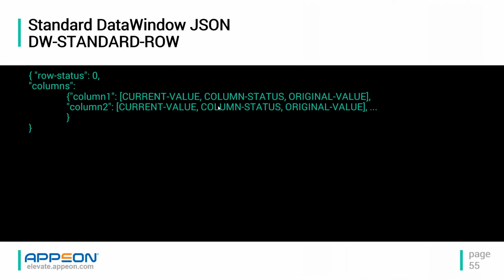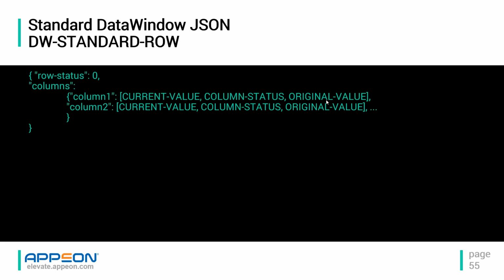Here's the data window standard row. You notice we have a row status indicator. We have the individual columns, and notice we have a current value, another item status setting, and the original value. So this is that idea that we're going to be getting full state. When we do the get full state, we get back not just the data from this call, but data about the data.